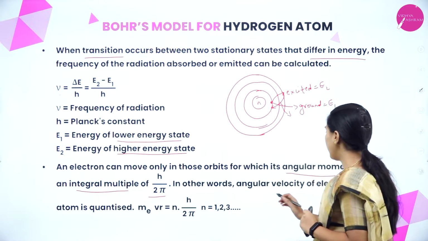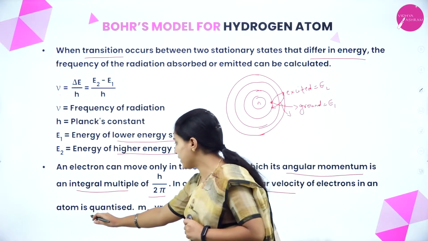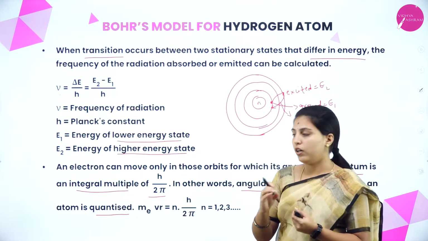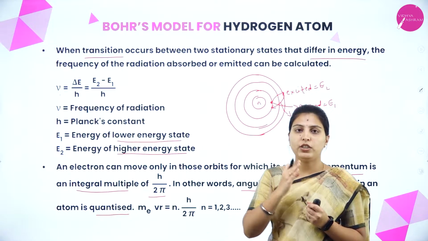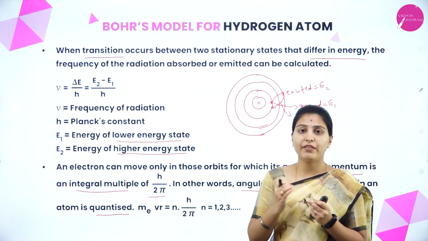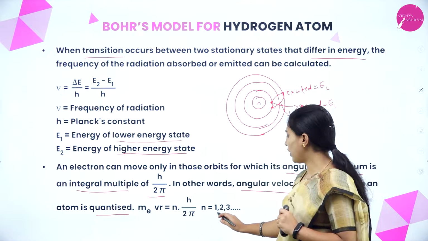In other words, the angular momentum of an electron in an atom is quantized. What do you mean by quantized? The value will be 1 or 2 or 3 like that. In between 1 and 2, as a fraction, it cannot be there. So, see here, n equals 1, 2, 3.